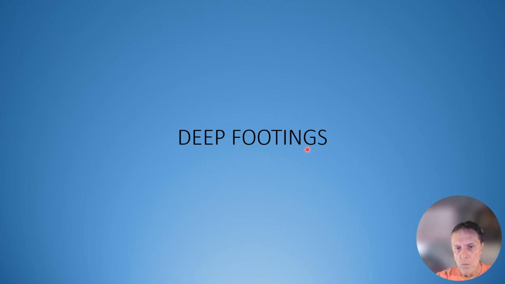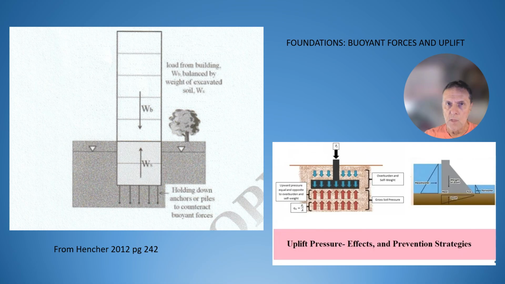So with deep footings, you have other conditions to consider. With deep footings and a water table, you might have buoyant forces and uplift. As I mentioned before, when you're taking out soil to put in a structure, you're creating a space and replacing it with a structure that has lower density than the pre-existing soil.